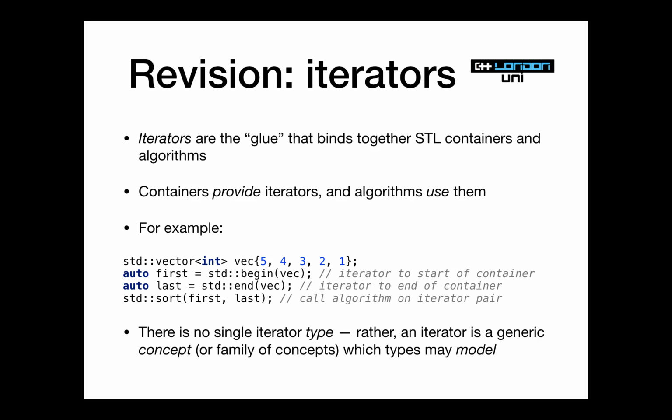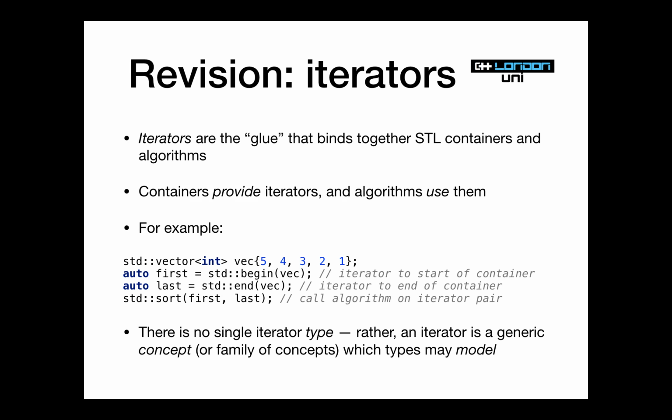One of the things that's a bit different about C++, this STL thing, compared to perhaps if you've used other languages, is there's no one iterator type. There's no iterator base class that everything else implements the interface of. Rather, this notion of an iterator is a generic concept, as it's called in the terminology.